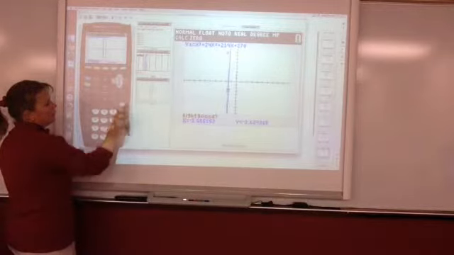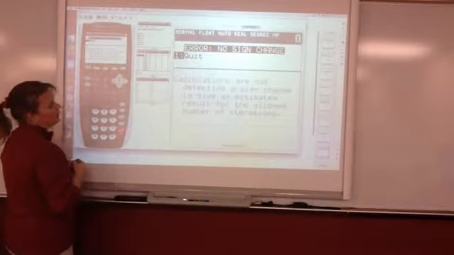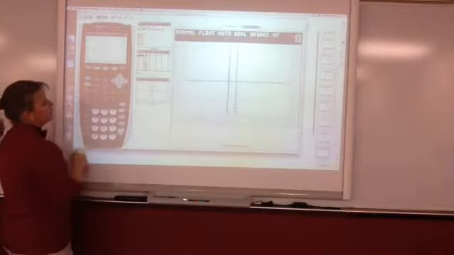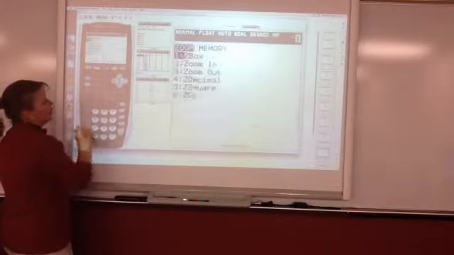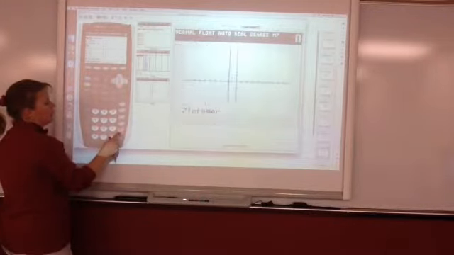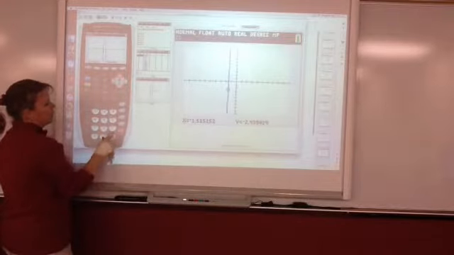My right boundary can be over there, and it looks like there's no sign change, so I screwed that up. Quit that, graph again. Maybe let's zoom out and see if we can't see a better picture of the graph. We'll zoom out up here.